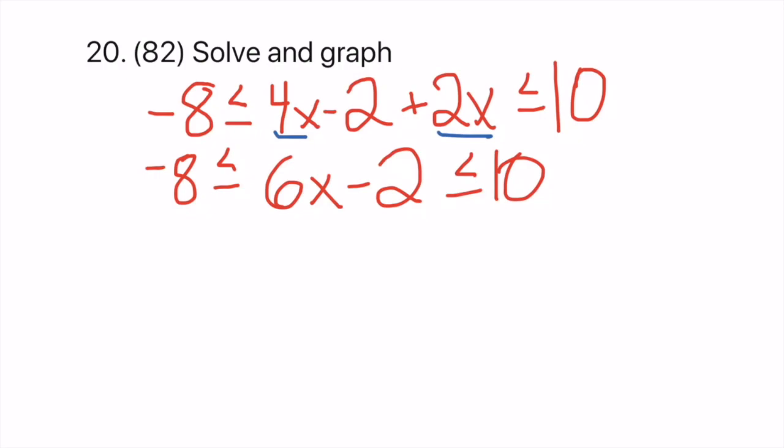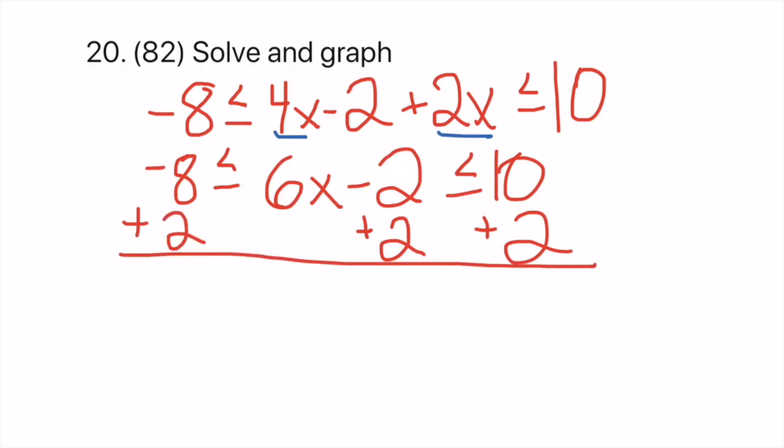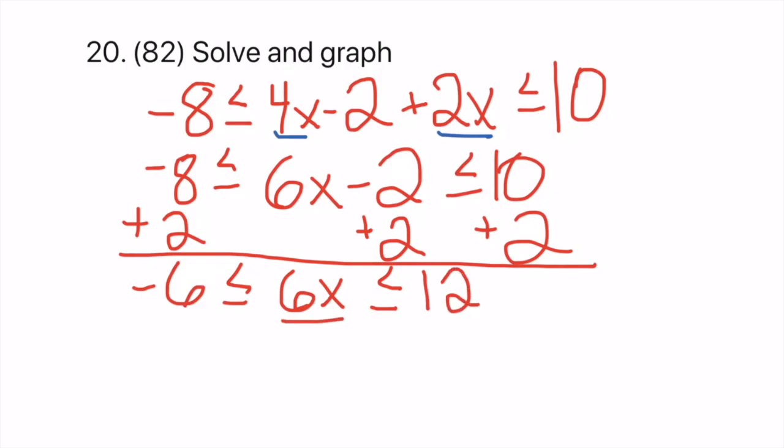Now we're trying to get x by itself in the middle. So to do that, I need to get rid of the 2. So I'm going to add 2, but I'm going to add it to both sides of the inequality. So on the left, I have negative 6 is less than or equal to 6x is less than or equal to 12. Now I need to divide everything by 6.